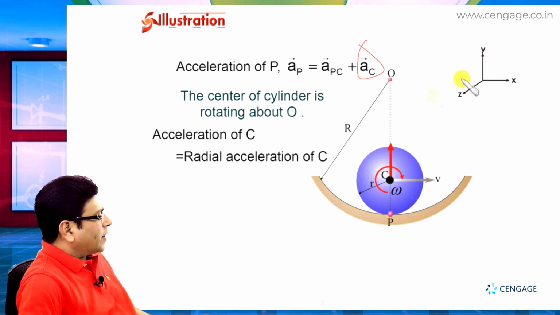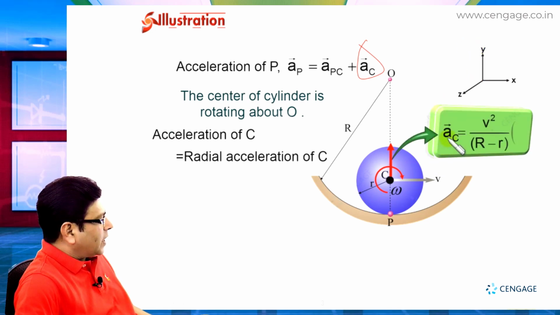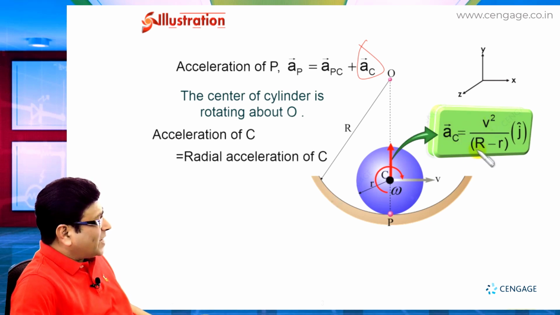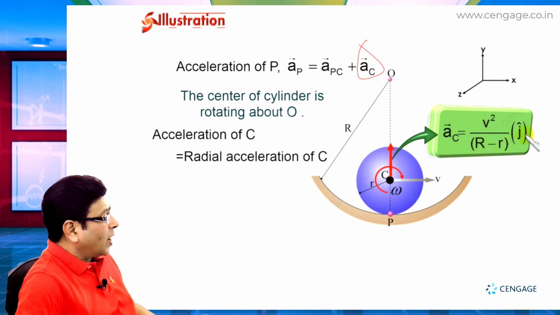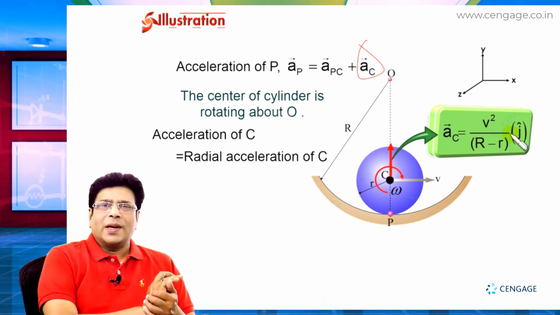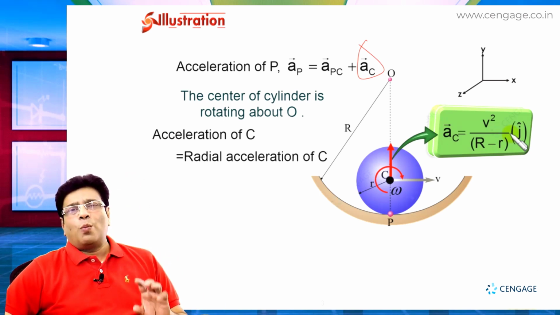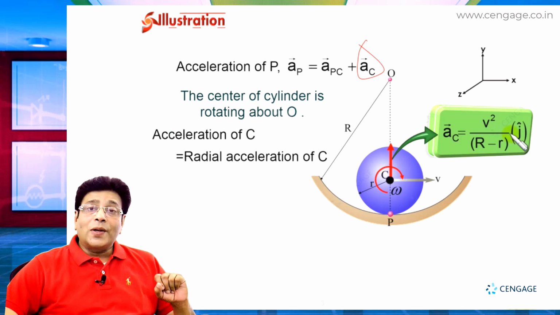That is, unit vector j cap should be involved. So the acceleration of C is v square divided by (capital R minus small r) j cap. This is the acceleration of point C, that is the center of the cylinder.